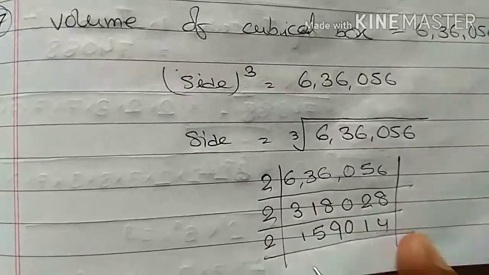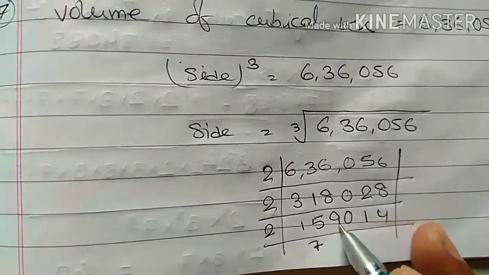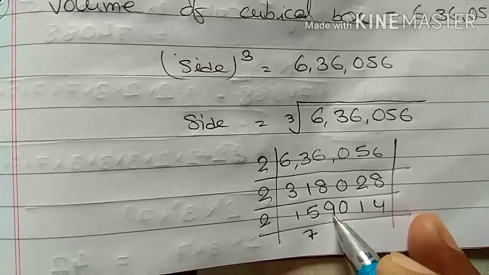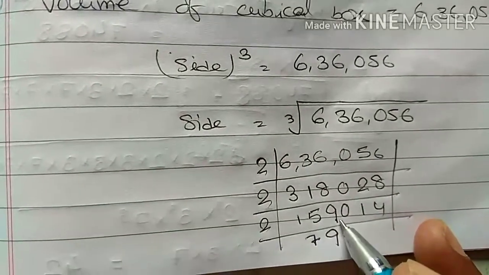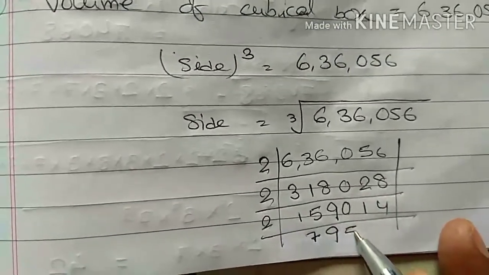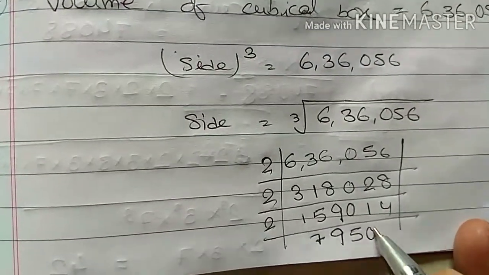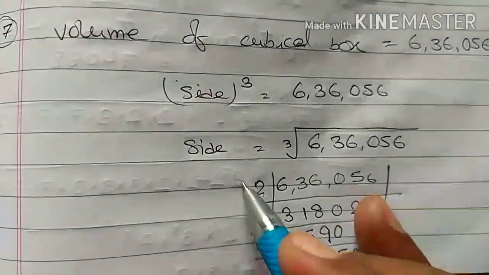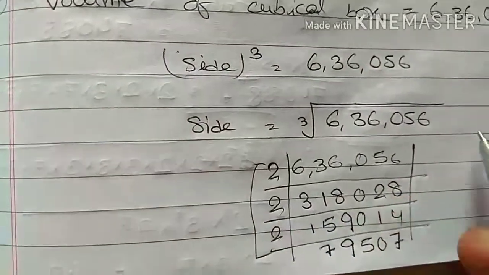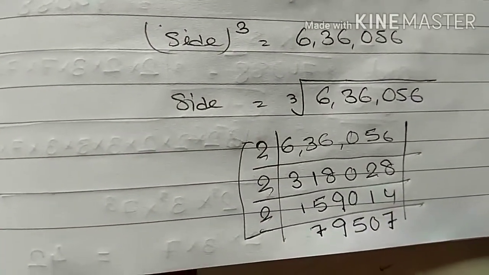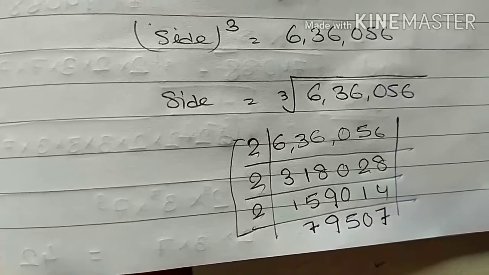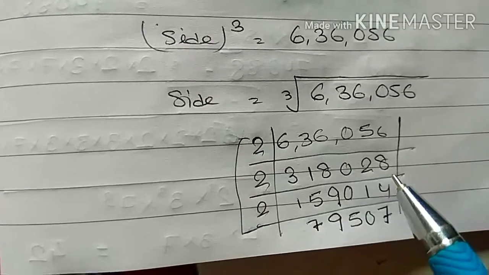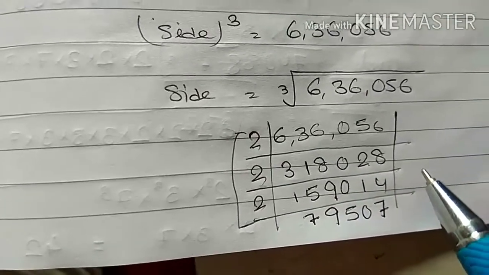Again by 2 you will get 79,507. Similarly, if you solve that and make triplets of the number, such as the triplet of 2, and similarly find the triplets of the other numbers, then after removing the cube root, the power of cube will be removed. Finally you will get the number.